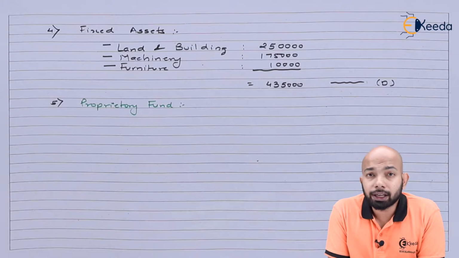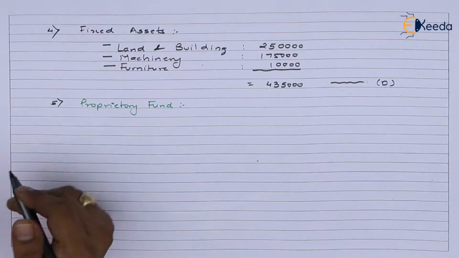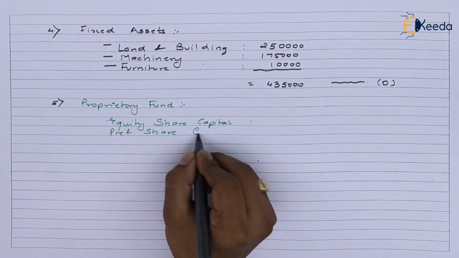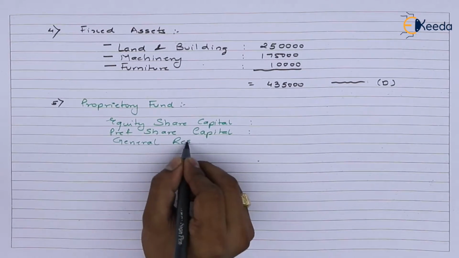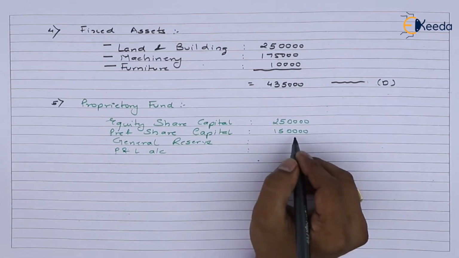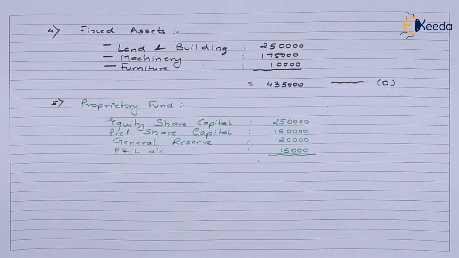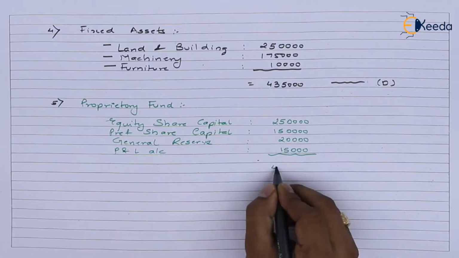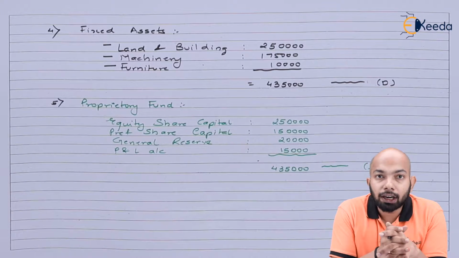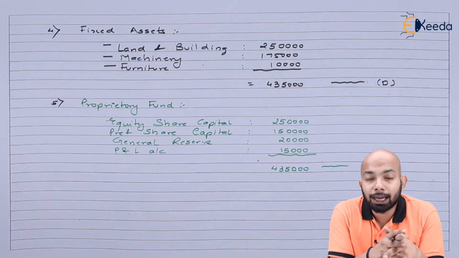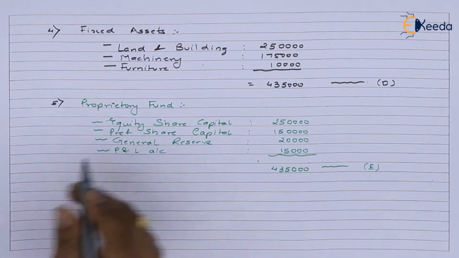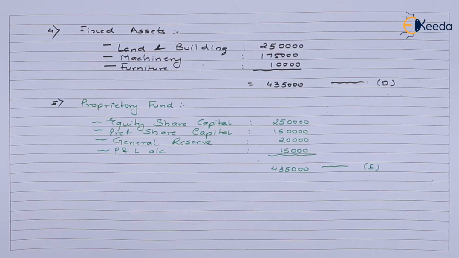The next item that we'll be figuring out is the proprietary fund, which has equity share capital, preference share capital, reserves and surplus, profit and loss account. The total comes to 4,35,000 again.